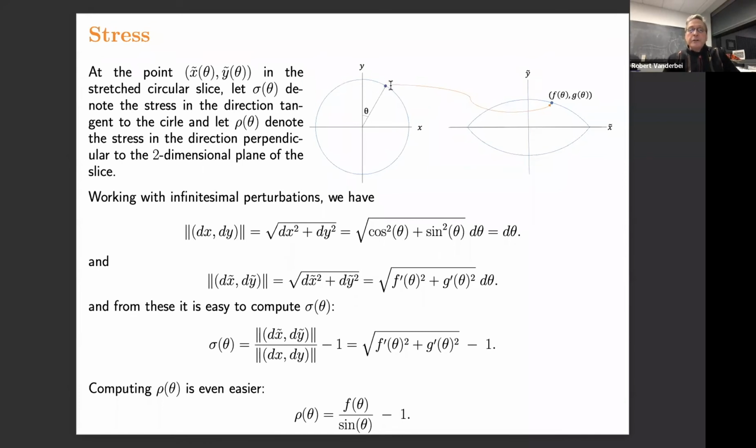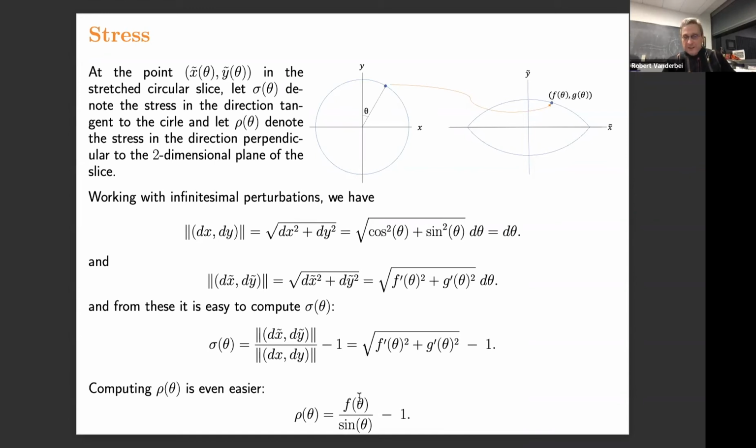So the original circumference was 2 pi sine theta, but now we're out here at f of theta. And so that's now the radius of this latitude, and the circumference of this latitude would be 2 pi f of theta. So how much was it stretched in that direction? It's 2 pi f of theta divided by 2 pi sine theta.